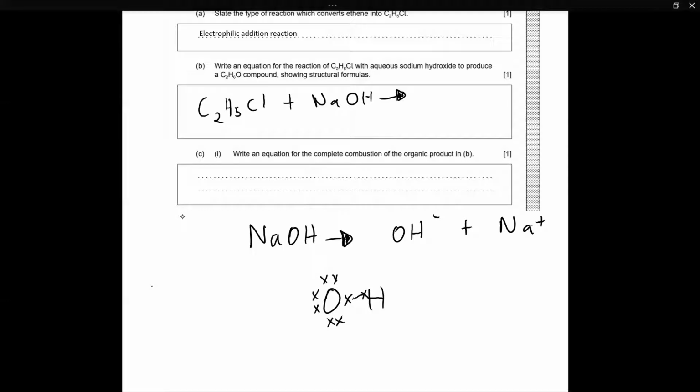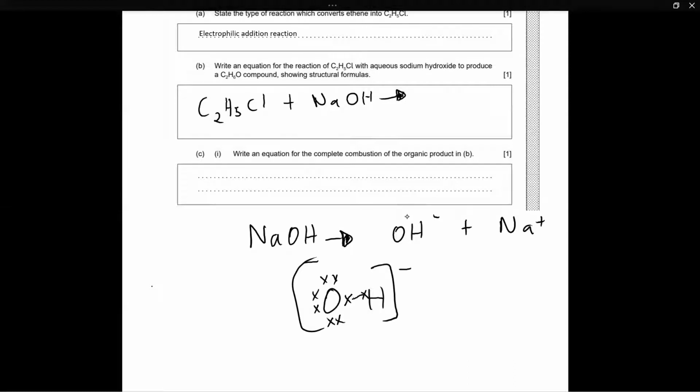So that's how you draw the structure. Now you can see that it has 3 lone pairs of electrons. So this OH minus is very high in electrons, and it can donate these to form a bond. So this OH minus is a nucleophile. It is attracted to a positive region.